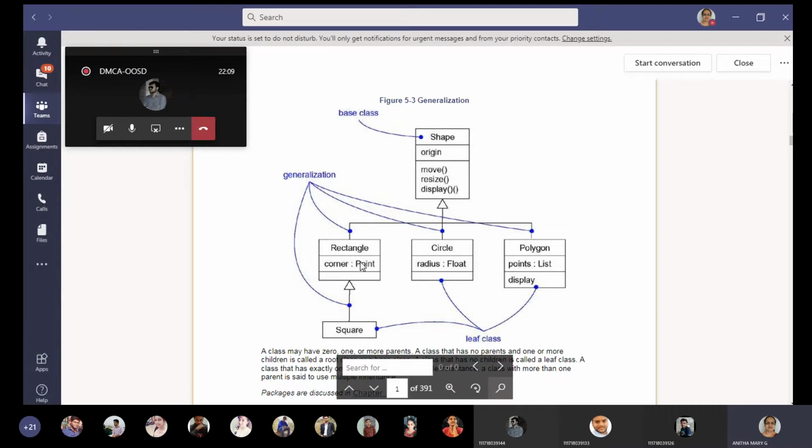When it comes to rectangle, again types we have: square. In a rectangle, if the breadth is equal to its length, then we say it is a square. So now square is a subclass, again a subclass under the rectangle class.